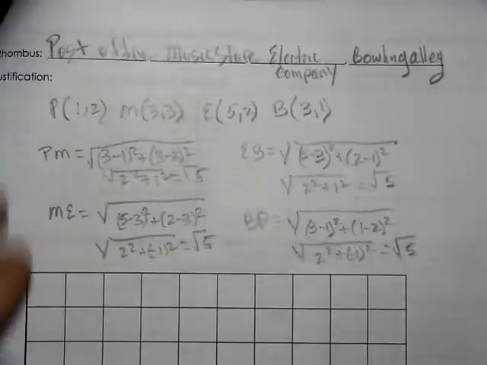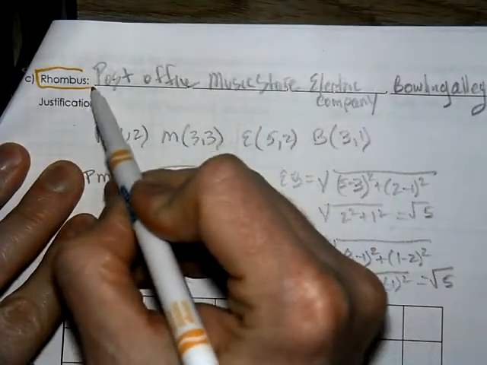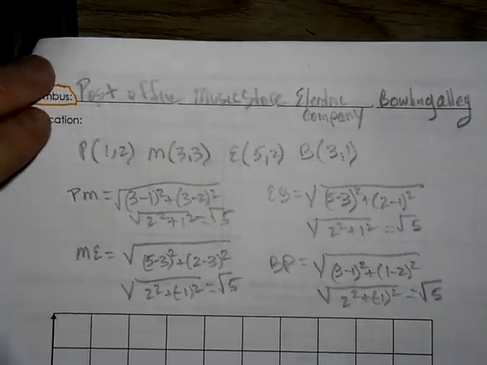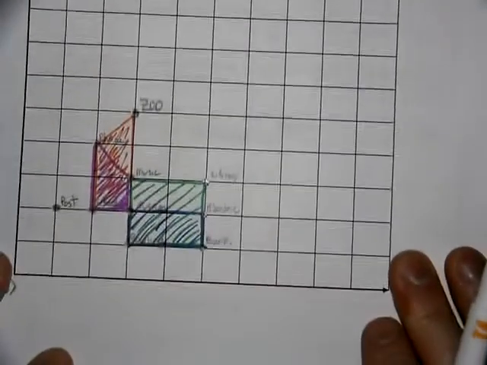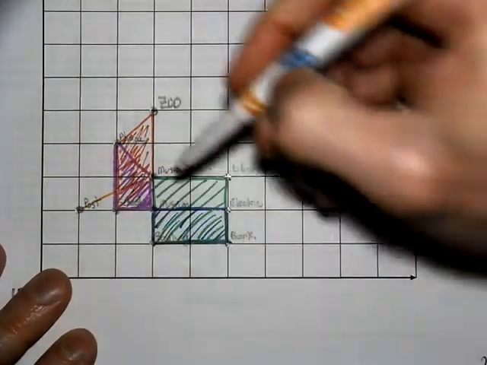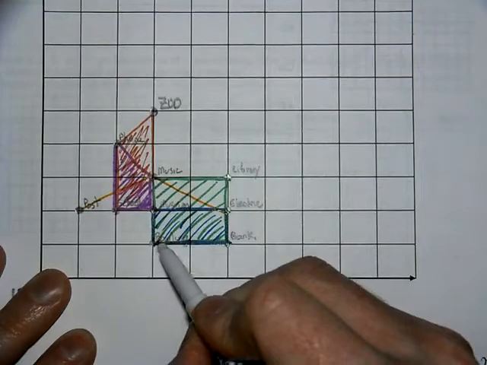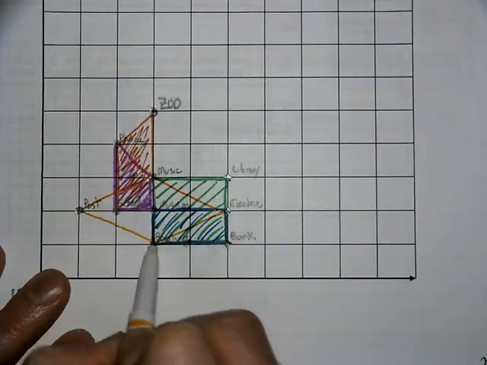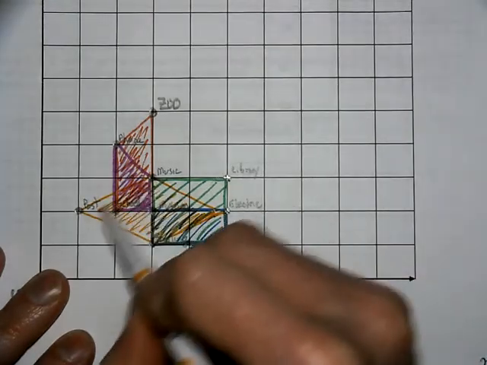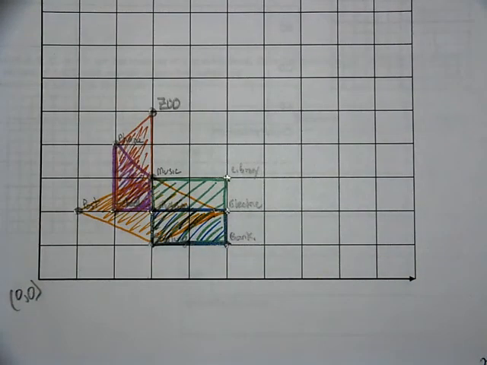The last one was the rhombus. The post office, music store, electric company, and bowling. So that was the overlap of all of those questions.